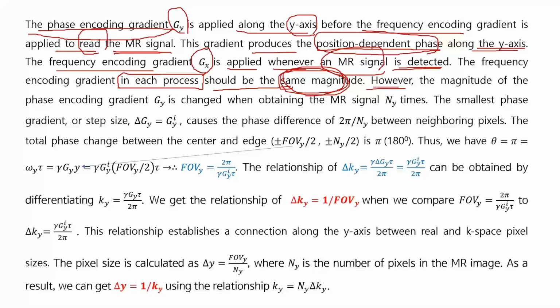However, the magnitude of the phase encoding gradient Gy is changed when obtaining the MR signal Ny times. So we have to change the phase encoding gradient every time we get the data by applying the frequency encoding gradient. So in total we have to repeat Ny times for an Nx by Ny size image.